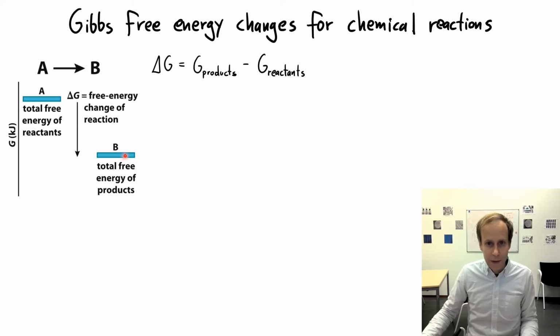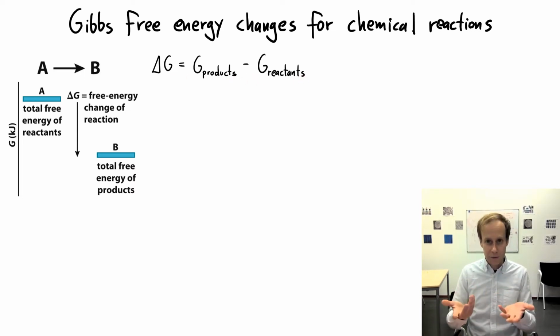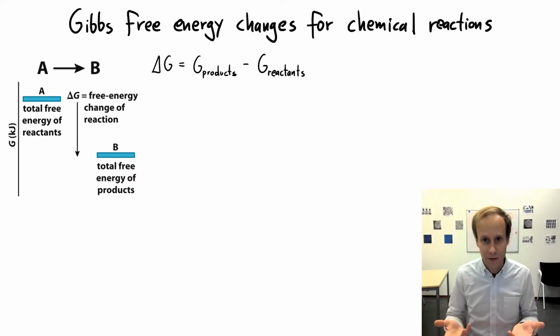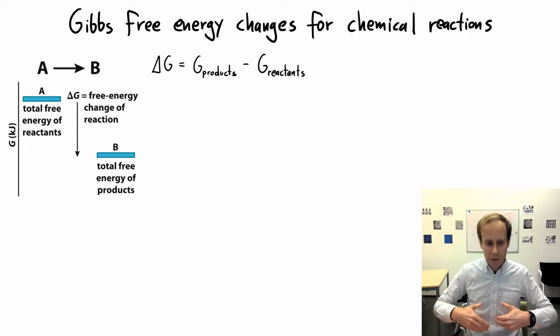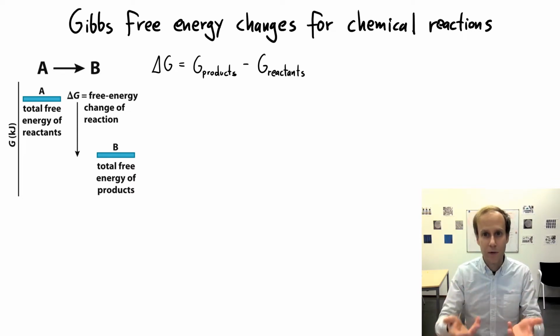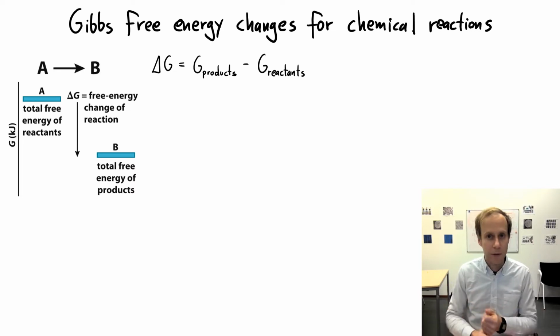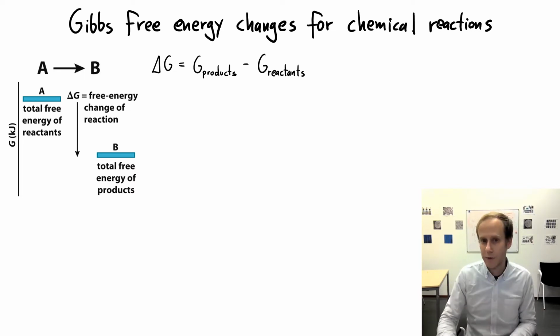That means with a lower number for G for the products, minus a higher number for the reactants, we will get delta G to be negative. And you remember, when delta G is negative, it means it's a spontaneous reaction that will take place that is capable of providing a certain amount of non-volume work to propel biochemical processes in the cell, for instance.